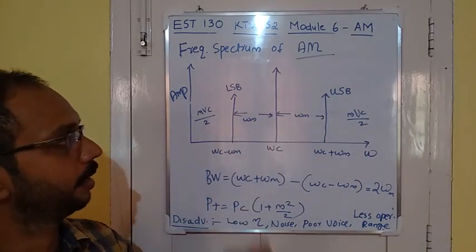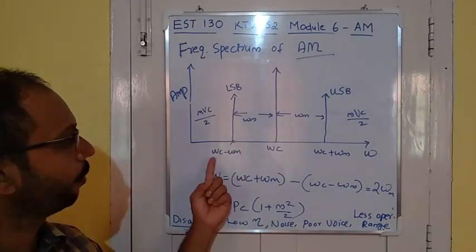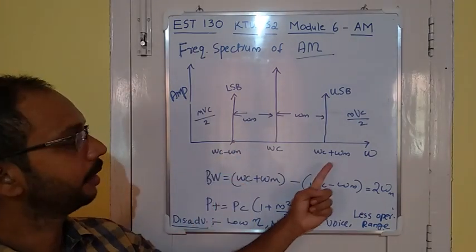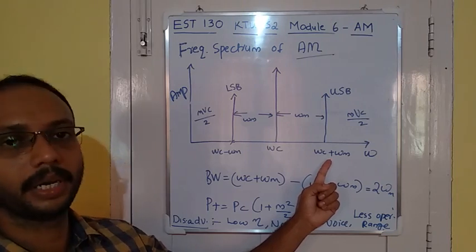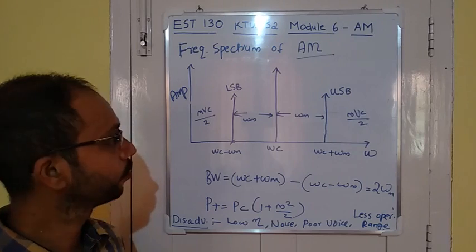It is represented like this, and this is omega c minus omega m, and this is omega c plus omega m. We have seen these two values from the previous equation.